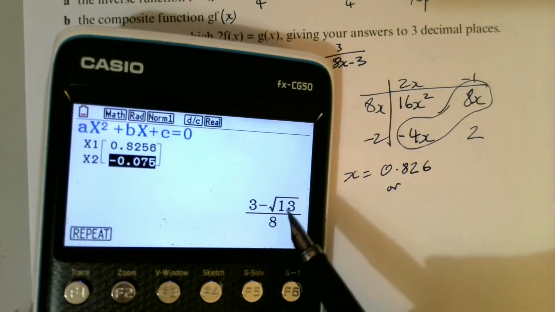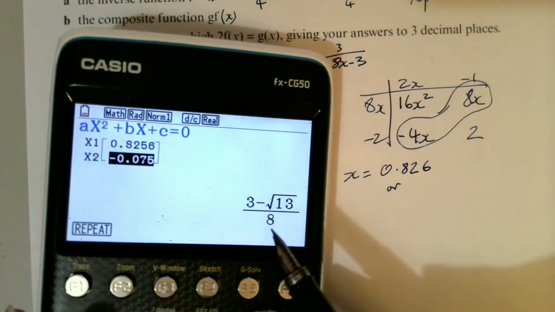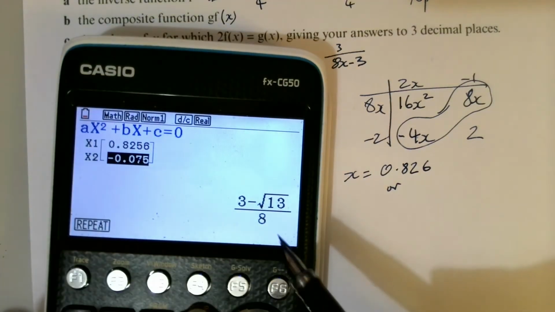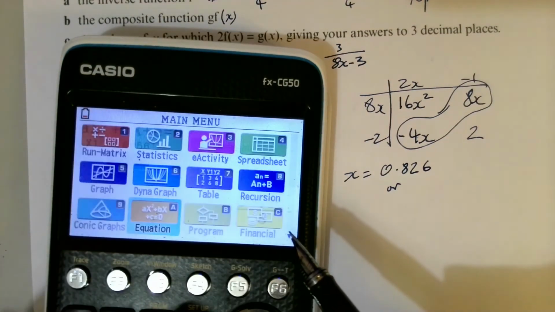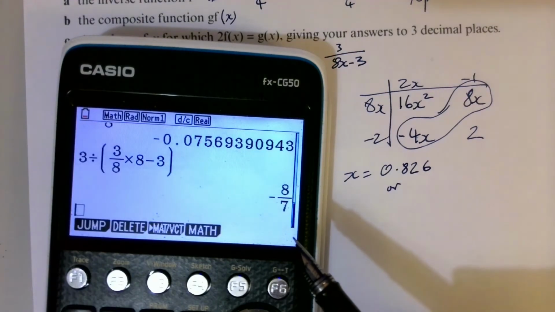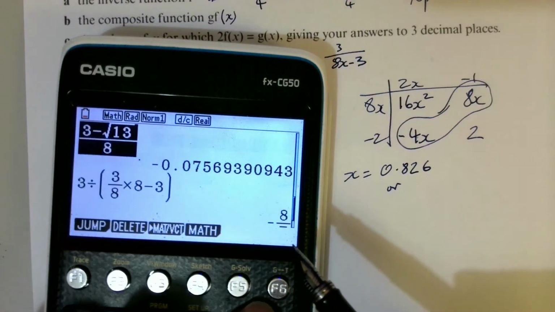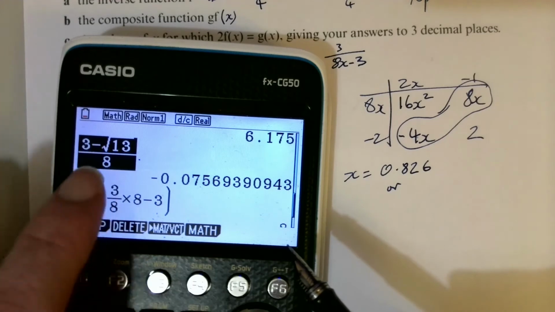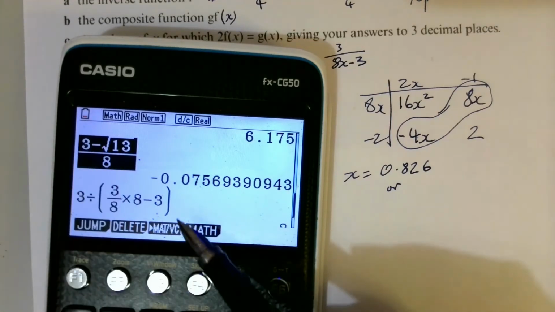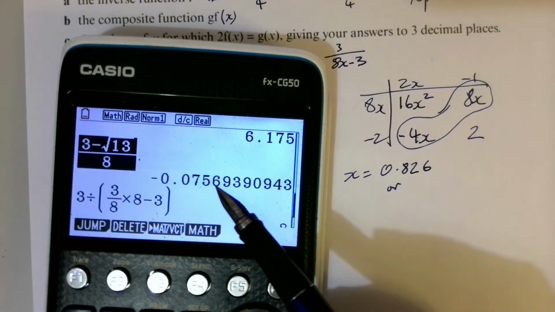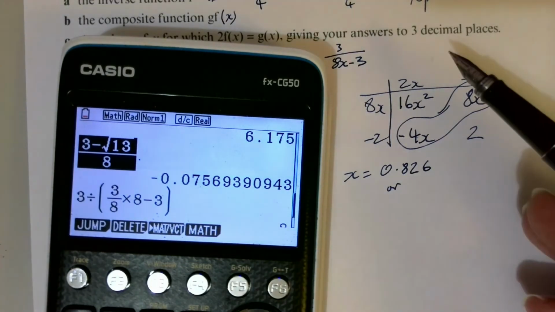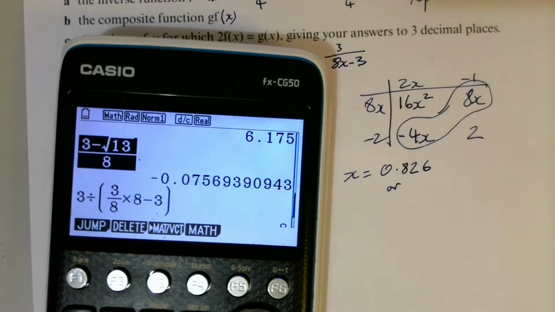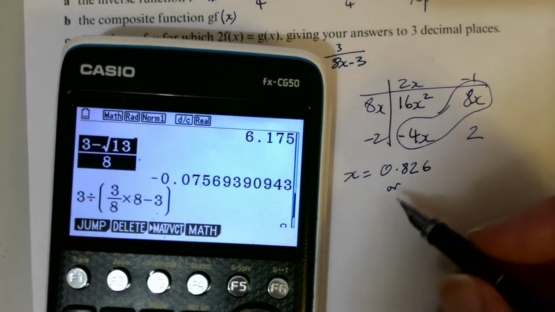I noticed this. I got curious, chucked that into my normal thing, and if I do that, and there it is, 3 minus root 13 over 8. It's not actually exactly. The reason I did that was I had misread this originally and was thinking I was going to leave it to 3 significant figures, which it wasn't quite yet.